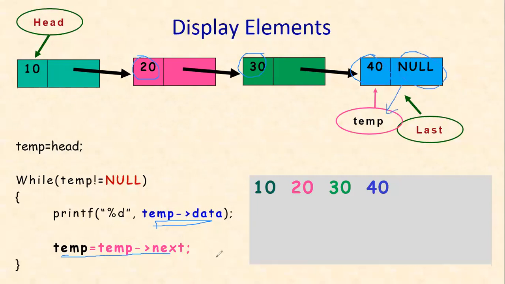In the next iteration, I am going to check the while loop condition, whether temp is not equal to null or not, and temp is equal to null, so this condition will fail and you will come out of the loop. So the process ends here. Now you have displayed all the elements of the list by traversing from head to tail, the last element.